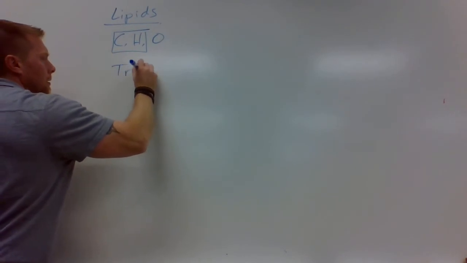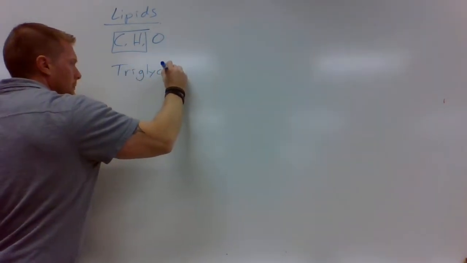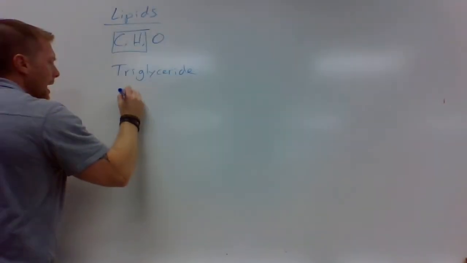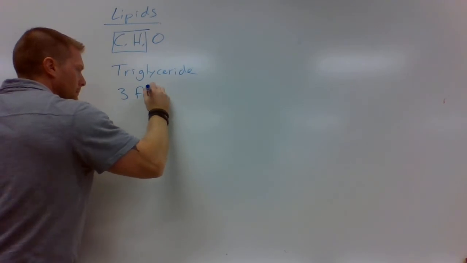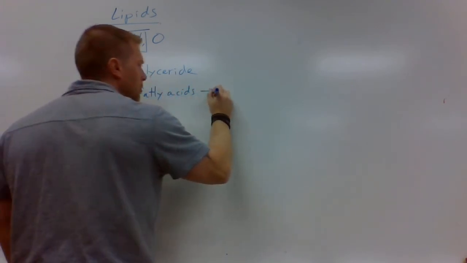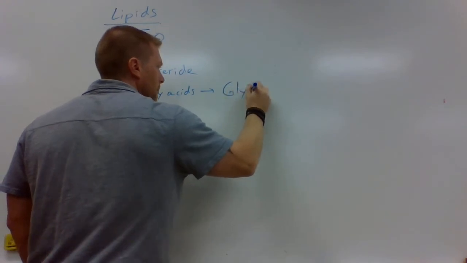The polymer of a lipid is called a triglyceride. And a triglyceride is made up of 3 fatty acids attached to a glycerol.